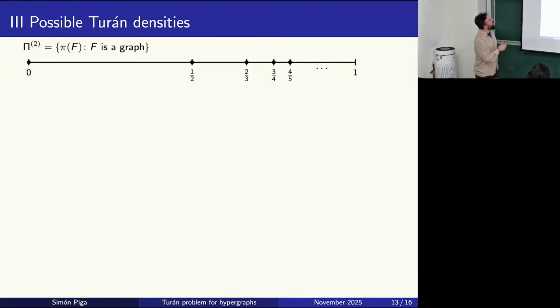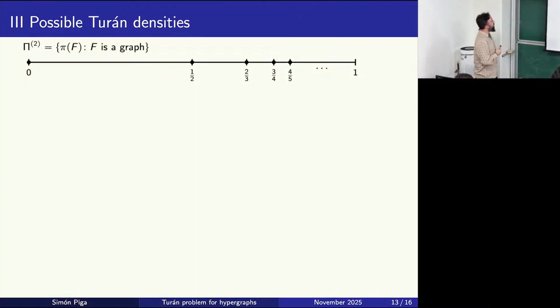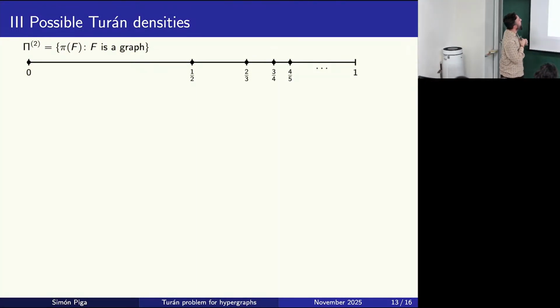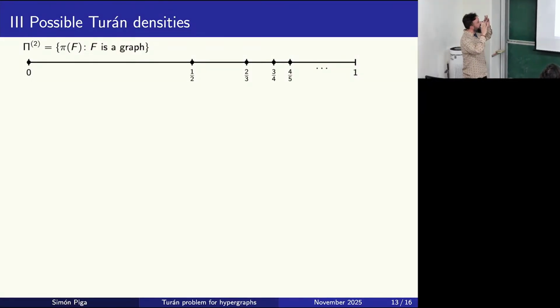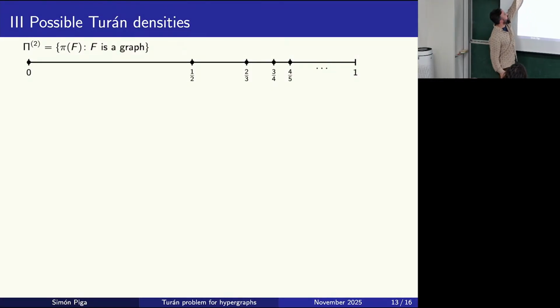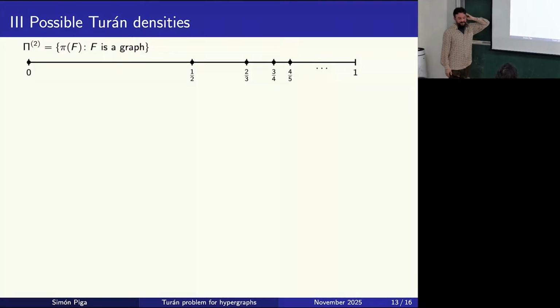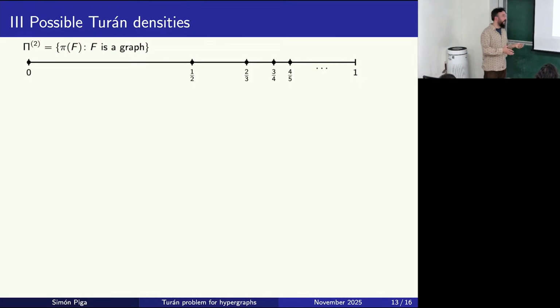Okay, so now let me finish with possible Turán densities. This is also a nice approach to this problem. So the observation is that if you remember the Erdős–Stone theorem for graphs and you consider the set of possible Turán densities, then this set looks very nice and very boring in a sense.